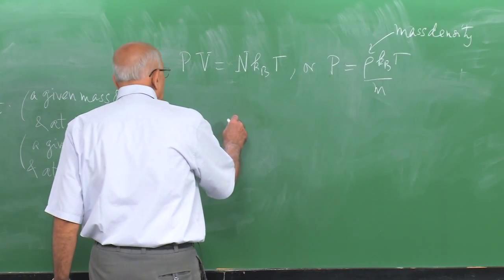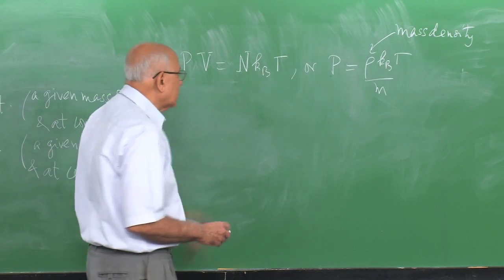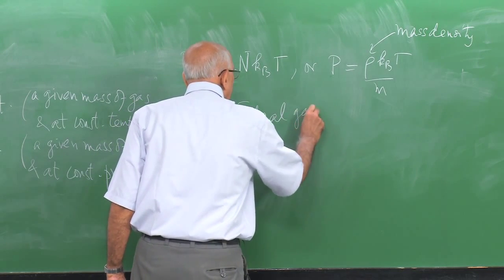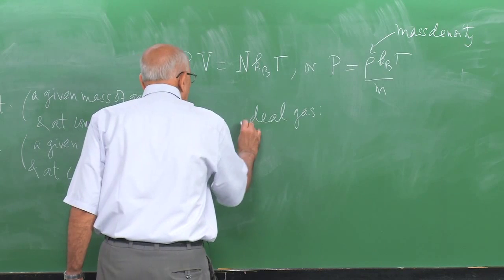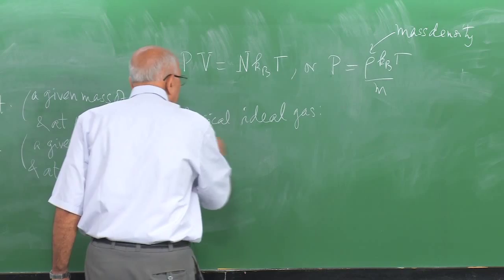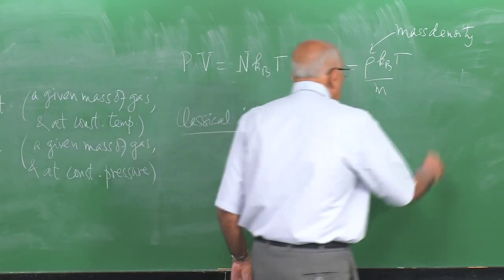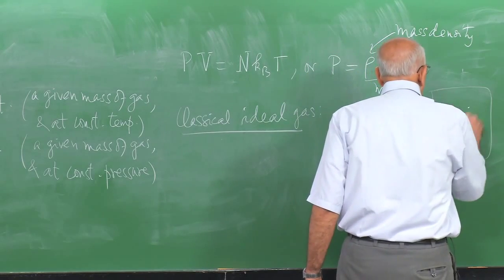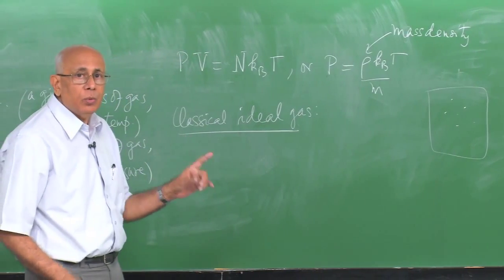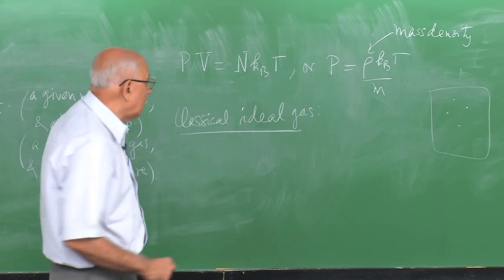The interaction, as we know, is essentially intermolecular interaction, but in this case, the so called classical ideal gas, and I will say why I call it classical, corresponds to saying that you take a set of particles, put it in a container, and the only interaction that you assume between the particles are two body elastic collisions, perfectly elastic collisions.